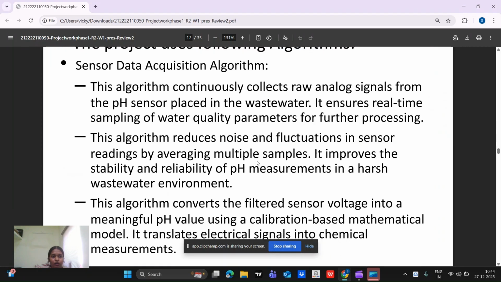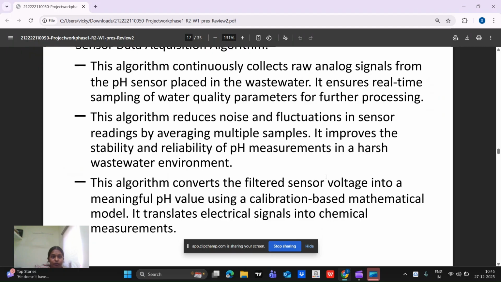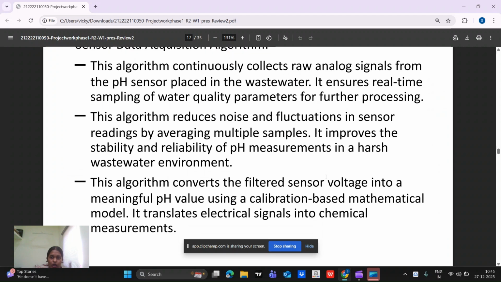The major algorithms used in our project are, first, the sensor data acquisition algorithm. This algorithm continuously collects raw analog signals from the pH sensor placed in the wastewater. It ensures real-time sampling of wastewater quality parameters for further processing. Another algorithm reduces noise and fluctuations in sensor readings by averaging multiple samples.